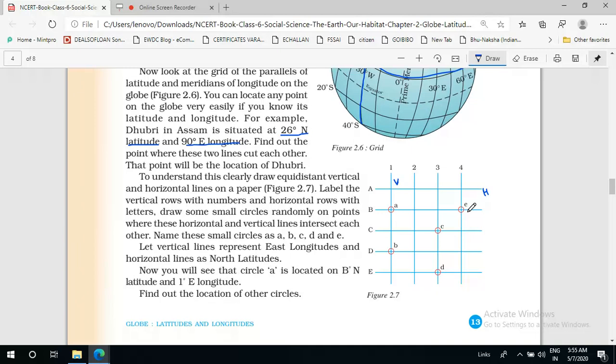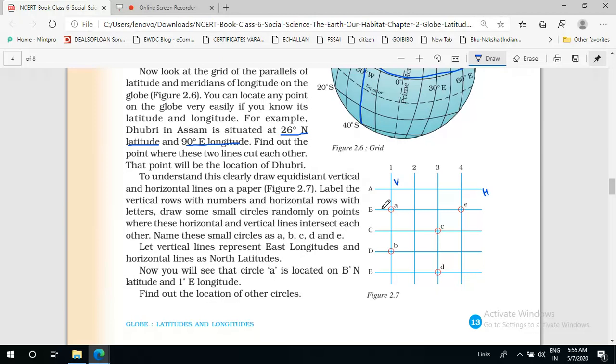So now we will discuss this place A. This is a place, and we find that one vertical line, number 1, and horizontal line number B are cutting each other.